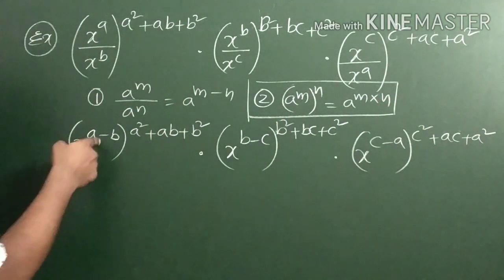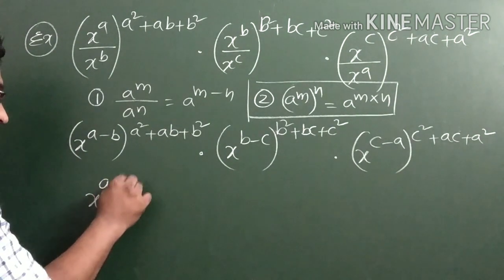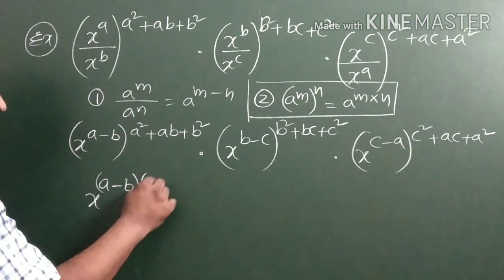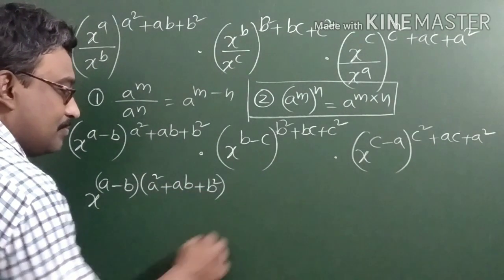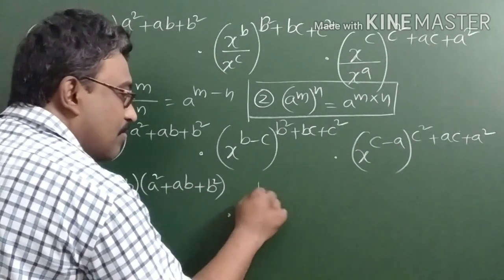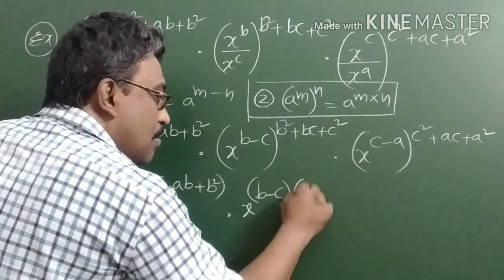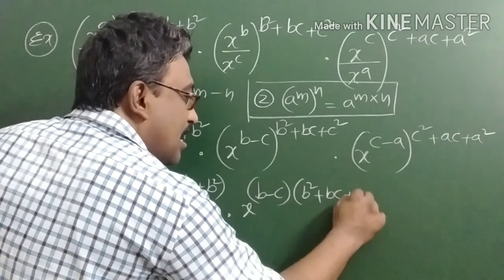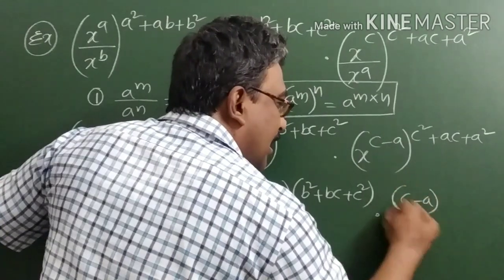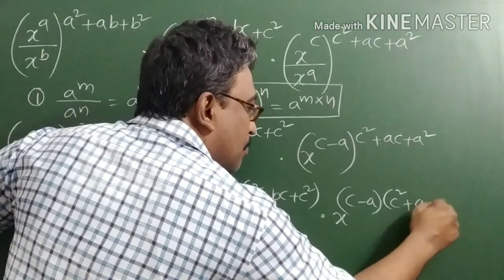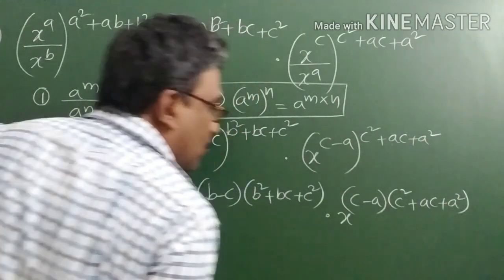If I apply here, x to the power of (a-b) into (a² + ab + b²). x to the power of (b-c), (b² + bc + c²). x to the power of (c-a), (c² + ac + a²).